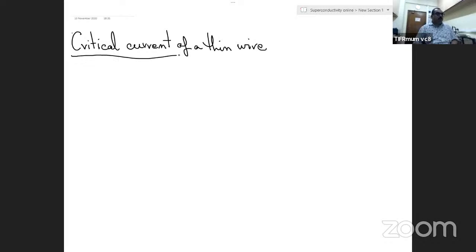So when I'm talking of a thin wire, I'm talking of a wire that has a diameter which is smaller than the coherence length.